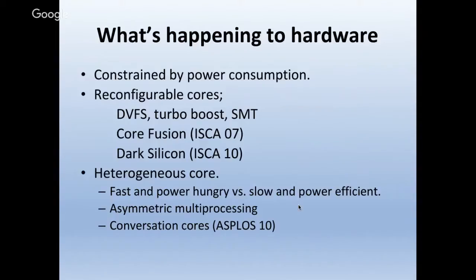Now, imagine we build an OS in a dark silicon era. You have a set of heterogeneous cores, and you need to switch between the cores based on your workload. But you also need to power down and take cores out of service because you don't have the power to run everything at the same time.